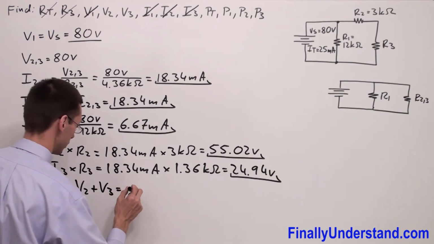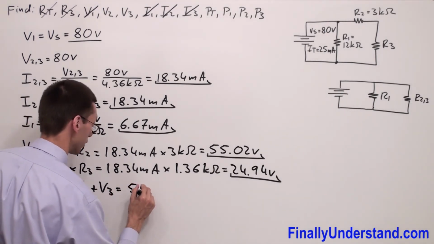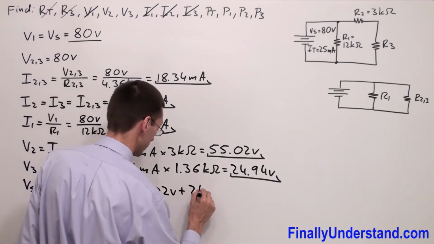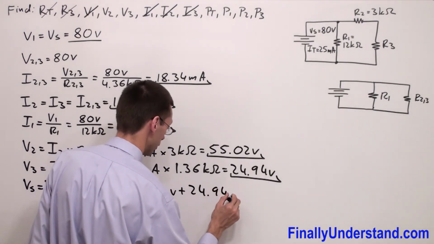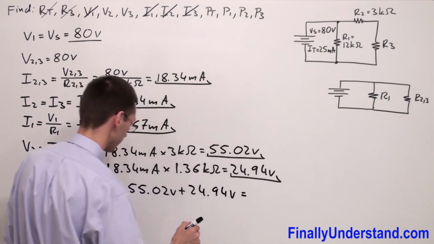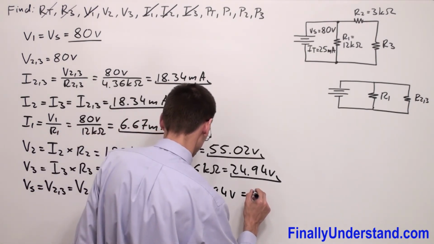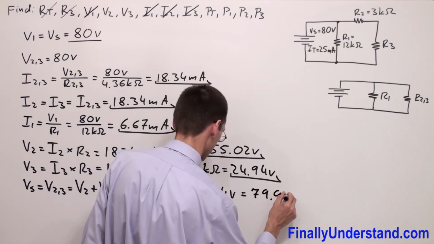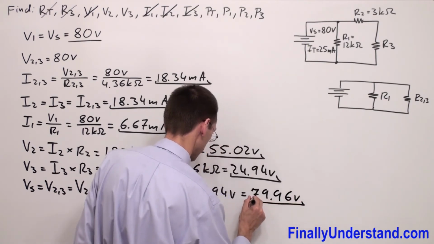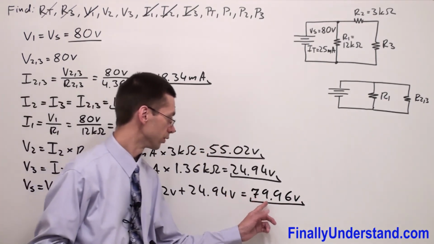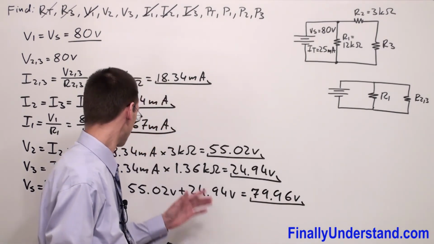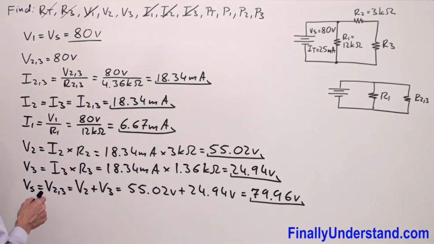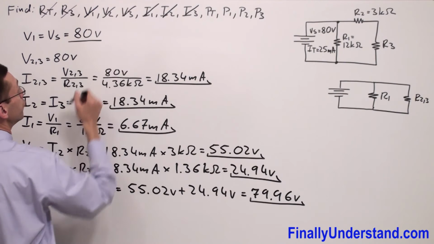So I have 55.02 volts plus 24.94 volts is equal to 79.96 volts. As you can see, this value is very close to 80 volts. That's why we can say that our calculations up to this point are okay. So we have V2 and V3.